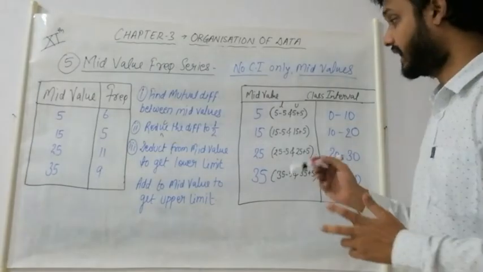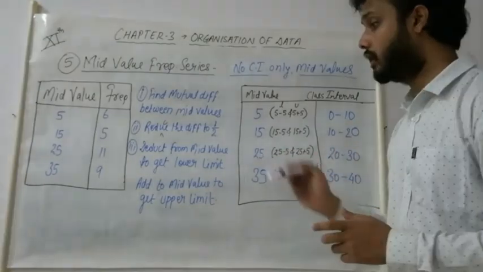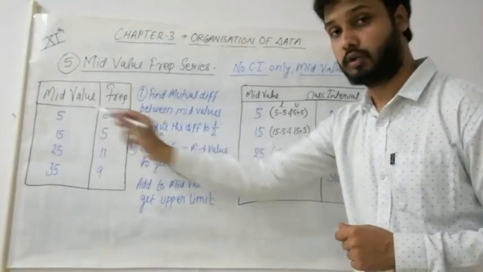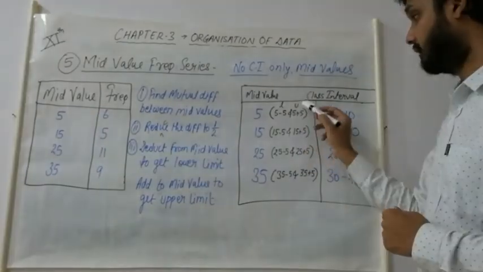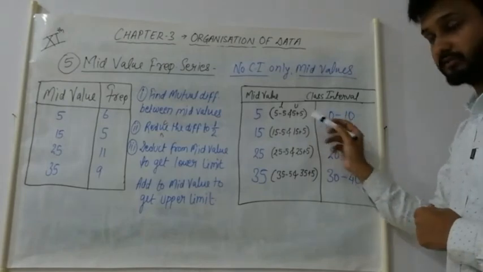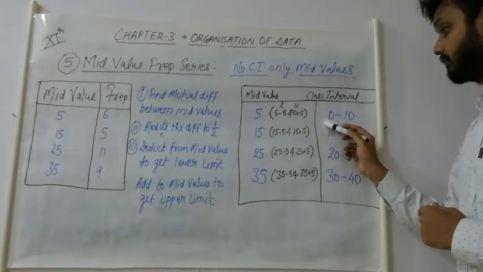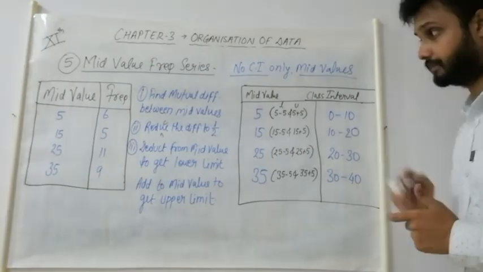Then to get the upper limit, we add this 5 to the mid-value: 5 plus 5 is 10. So 10 is our upper limit, and we got the class interval 0 to 10.